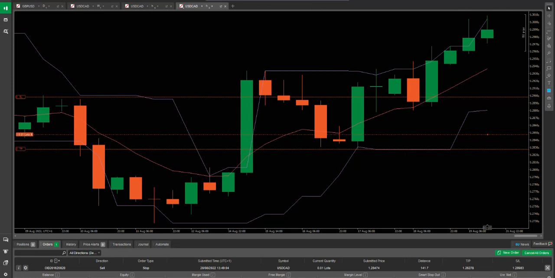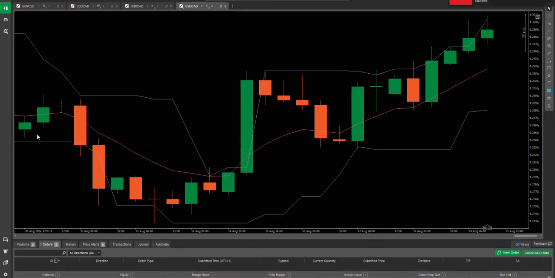Again, you would have had a pullback here. Oh, it's an 8 hour candle. Sorry guys, it's an 8 hour candle. So you would have woken up here. I didn't put it back on the 4 hour, you see.